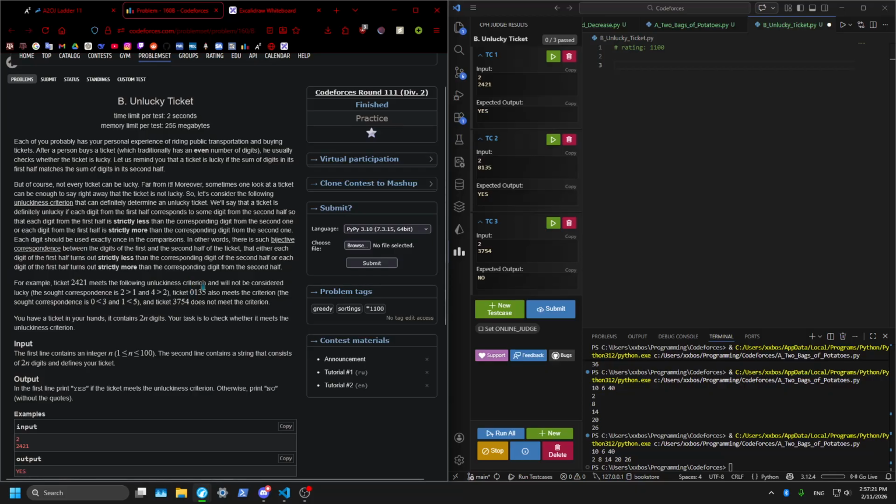Wait. Each digit from the first half is strictly less than the corresponding digit from the second half. What does that mean? This first, like here, here, here, here. Each digit from the first half is strictly more than.